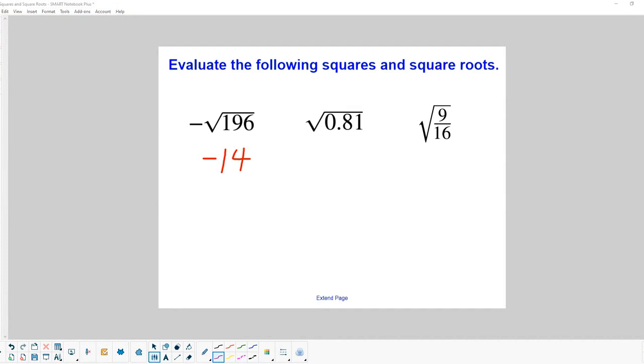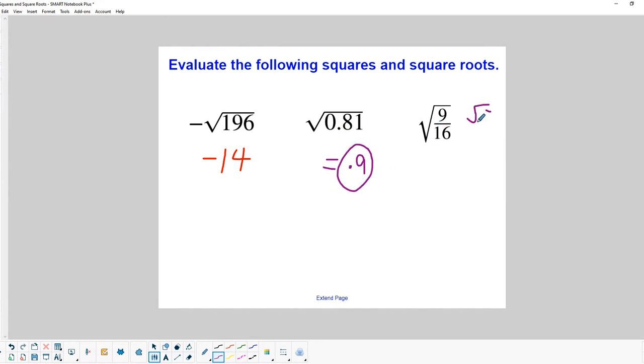I'm getting my calculator, you get your calculator, and do 0.81 and square root of that, and you end up with 0.9. That's an interesting number. If you think about it, isn't 9 times 9 81? Then 0.9 times 0.9 is 0.81.